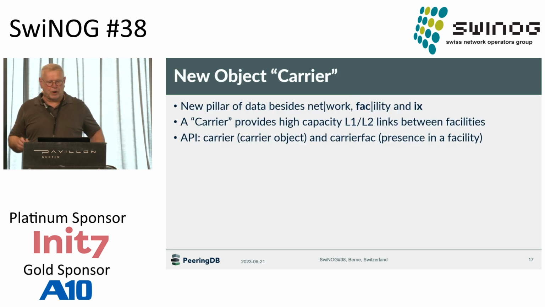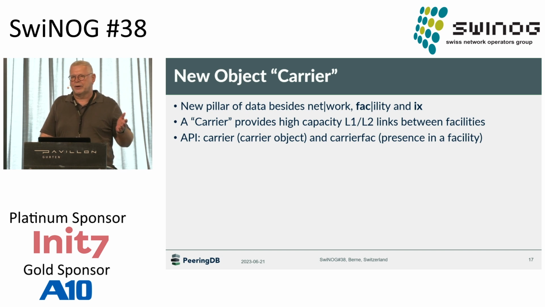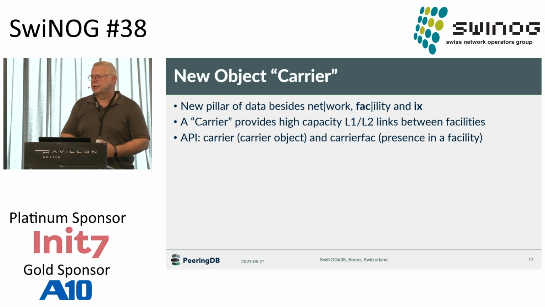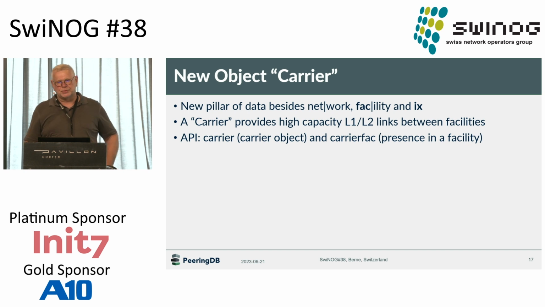We have a new object, carrier. What we found out is that the Internet is IP, but interconnection is more than just IP. This carrier object is for organizations that offer carrier services, meaning layer 1 and layer 2 services.